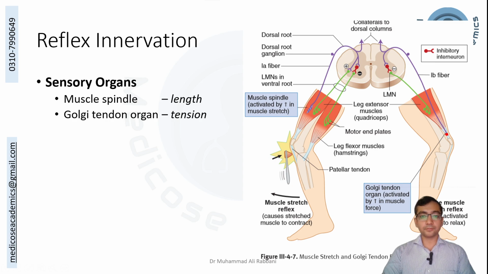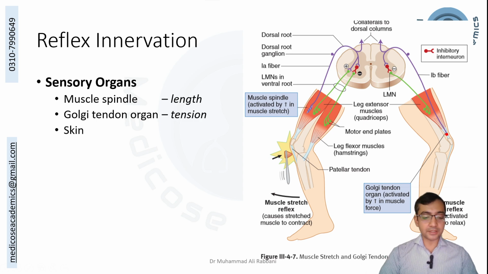The example can be any weight in your hand. If I am having one glass of water in my hand, it has a particular tension in this tendon. As this glass is filled, the muscle tension will increase, and as the tension increases, the firing of the Golgi tendon organ increases.